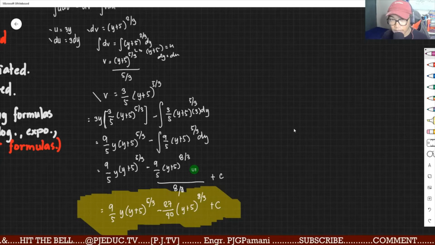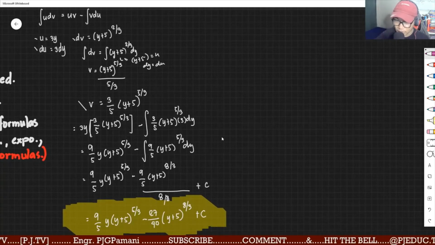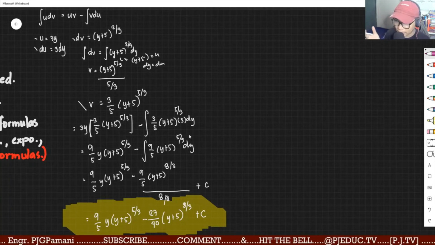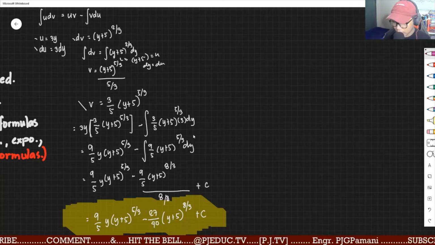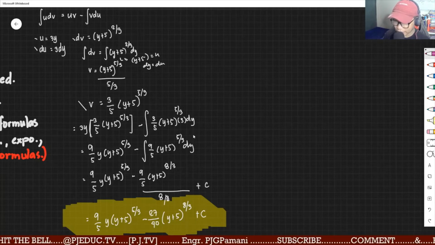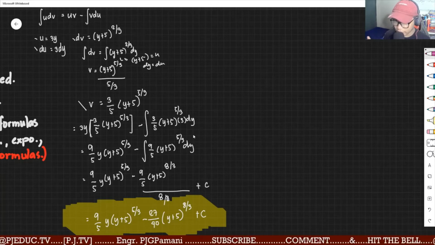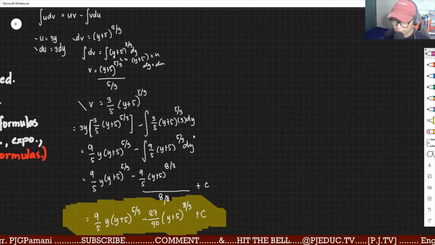I should introduce this later, but there is a short method in solving this type of problem using integration by parts. What we need to do is, again, identify our function u and identify our function dv, but we'll do it in a tabulated form.